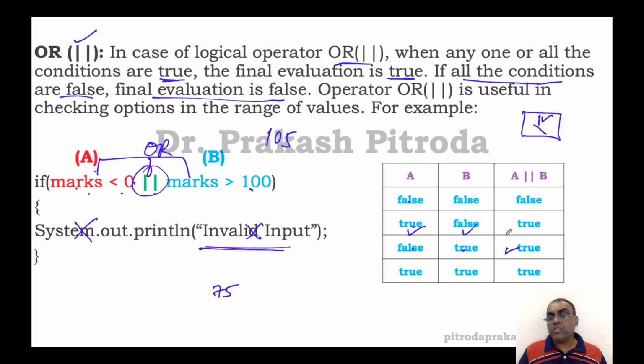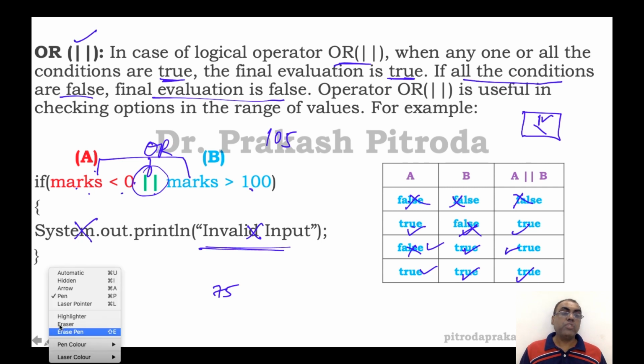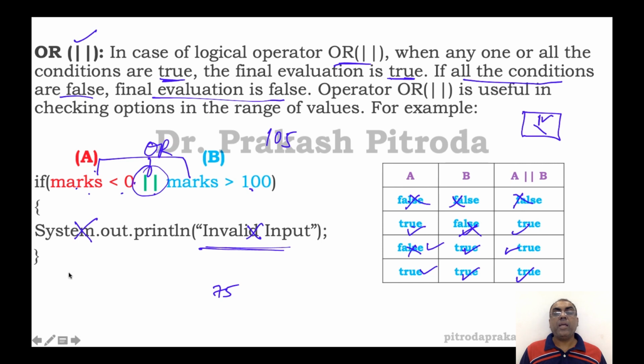So true or false is true, false or true is also true, true or true is also true. But when all are false, automatically your answer is false. So this is what you have for the OR. You need to use this particular operator very systematically and rationally.